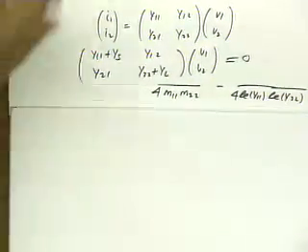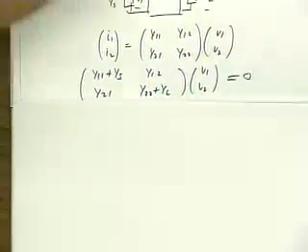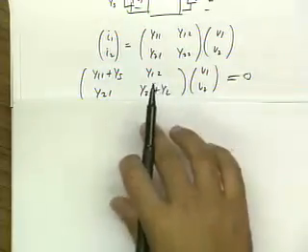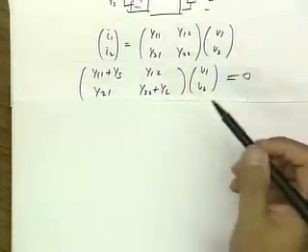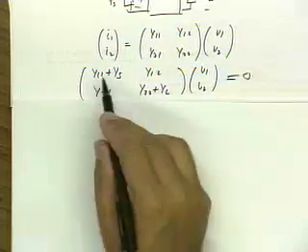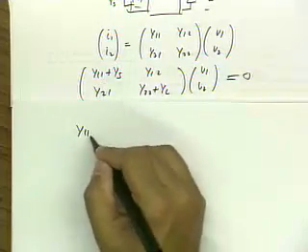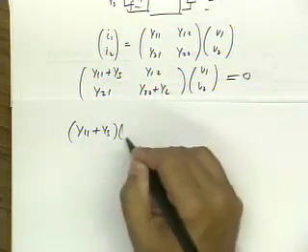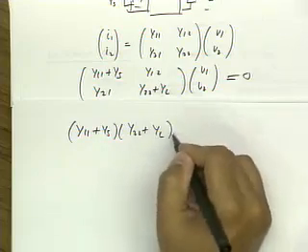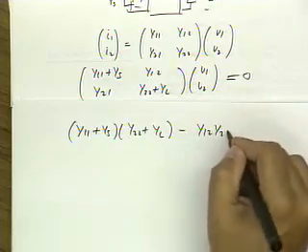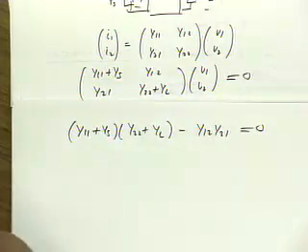Right? So we want, in other words, the null space of this to only have the trivial solution V1, V2 equal to 0. So if I take the determinant of this matrix, it's simply Y11 plus YS times Y22 plus YL minus Y12, Y21, and we set this equal to 0.